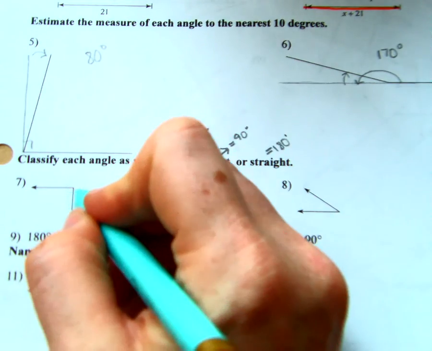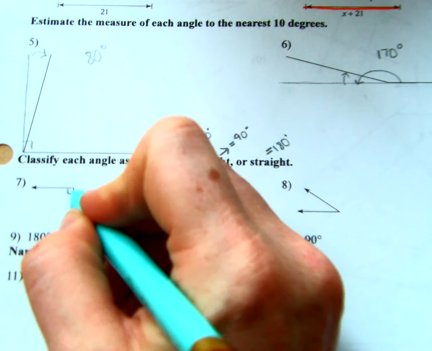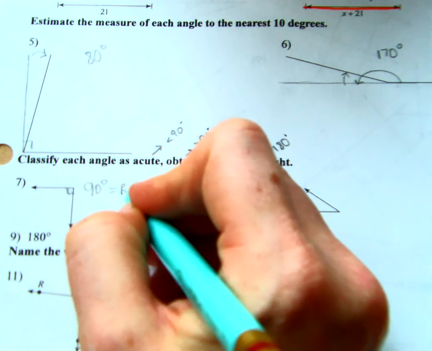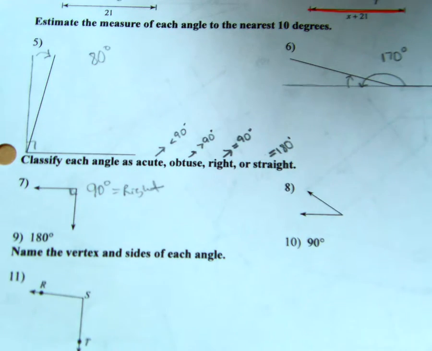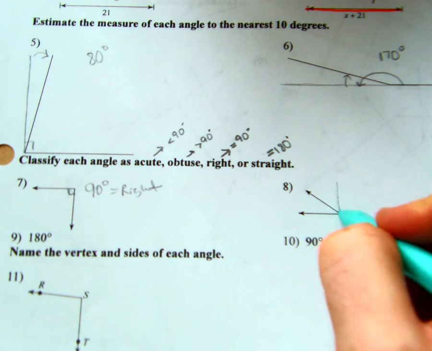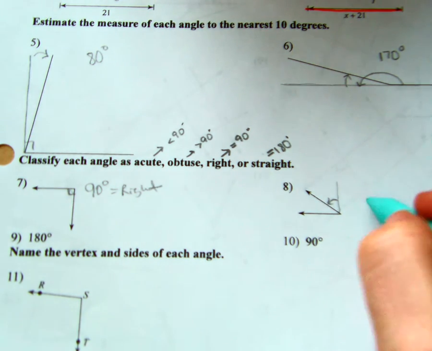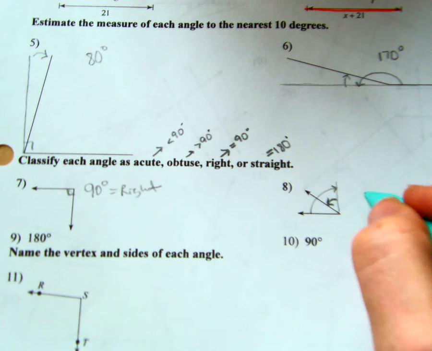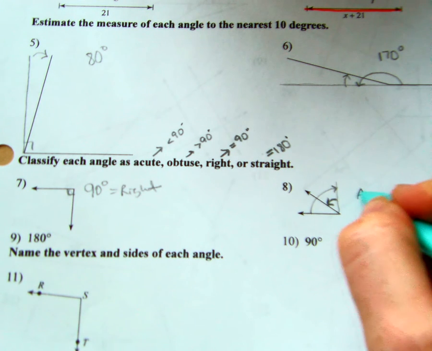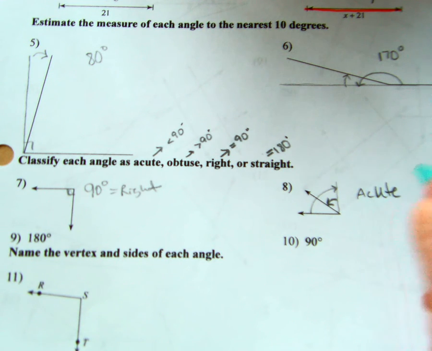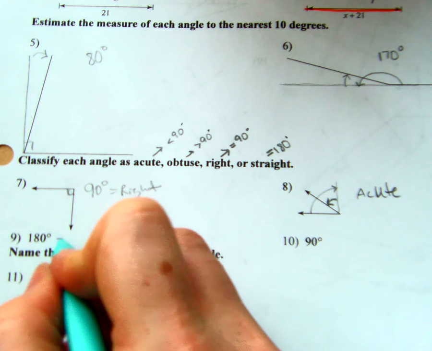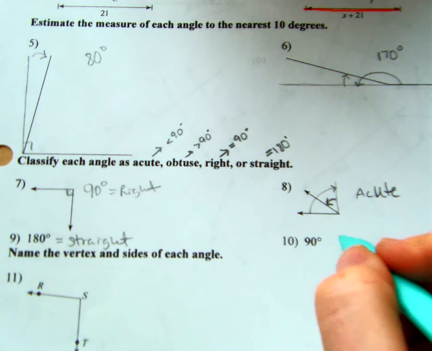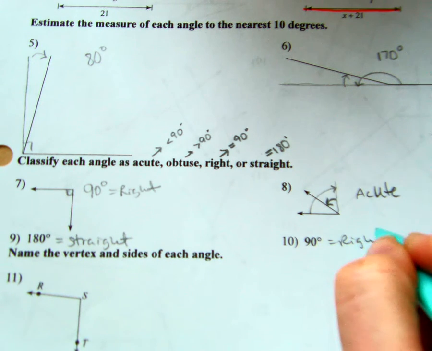So this guy right here, even though we're not seeing the square, we could maybe measure it. It looks like it's maybe 90 degrees, so we would call this right. Okay. And this guy right here, it looks like 90 degrees, but it's actually less than 90, so we would call that acute. And then 180, we would call that a straight angle. And 90, we would call that a right angle.